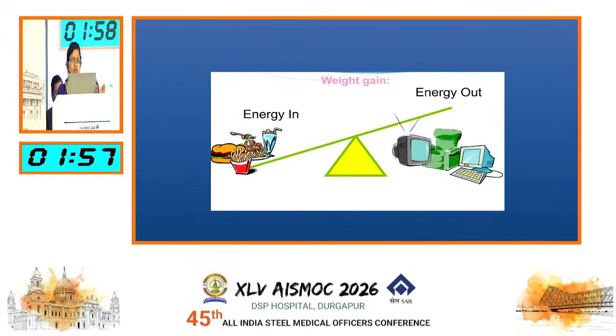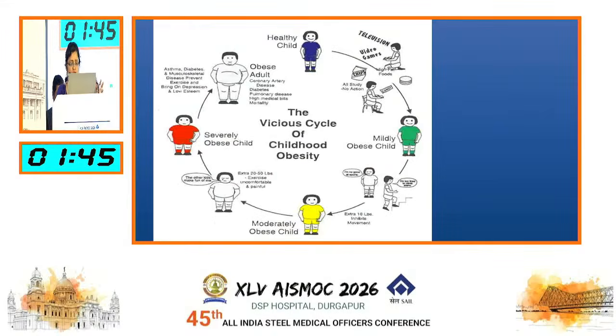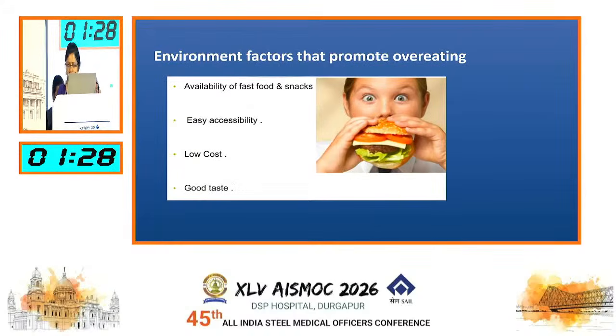Now consider the 95% constitutional weight gain in children, because of the imbalance between energy in and energy out, where high caloric density food is being taken in. A vicious cycle of sedentary lifestyle makes a healthy child mildly obese, more sedentary and lazy, causing a moderately obese child, then a severely obese child, leading to comorbidities.